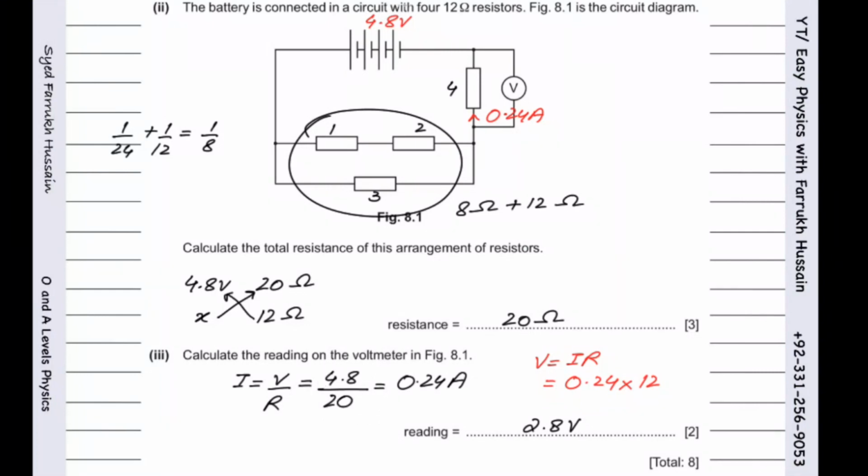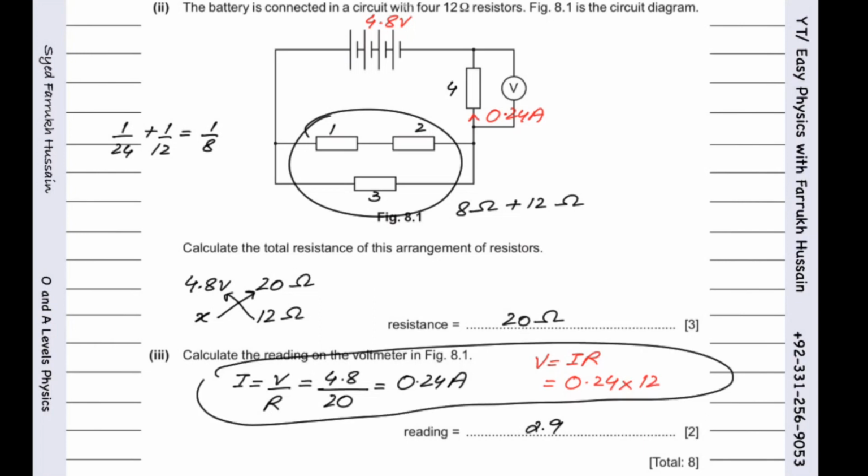Okay, so the answer is 2.88, about 2.9. Wait, I don't understand. Where did you get the 20? The 20 is the total ohms resistor. I have done two methods. One method is this one, and the other one is this. So it's your choice which one you select.